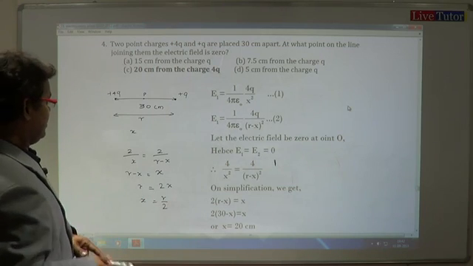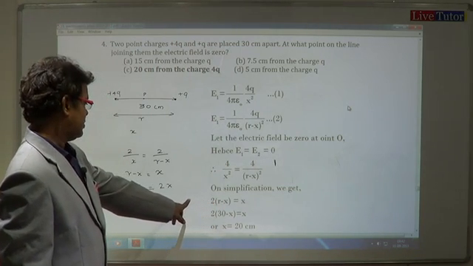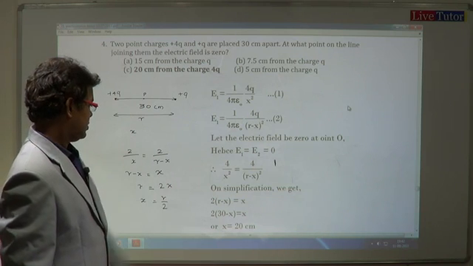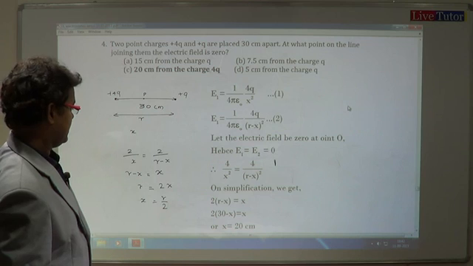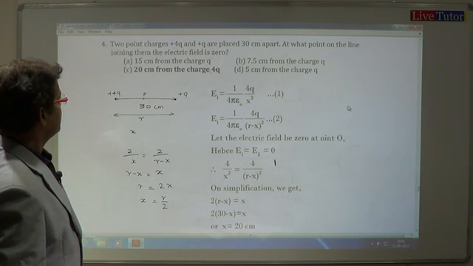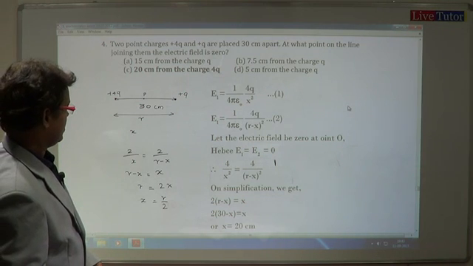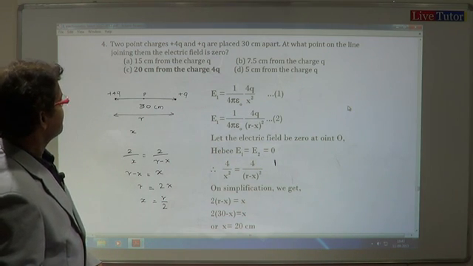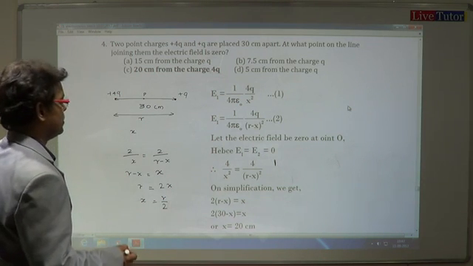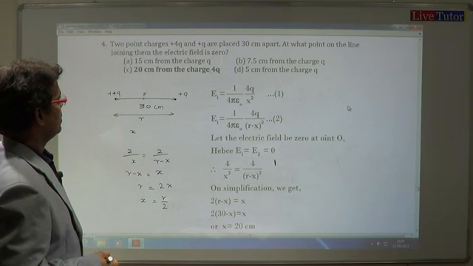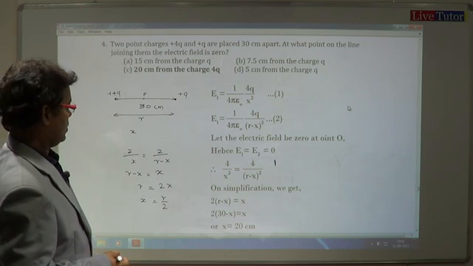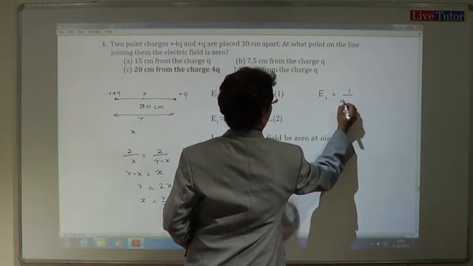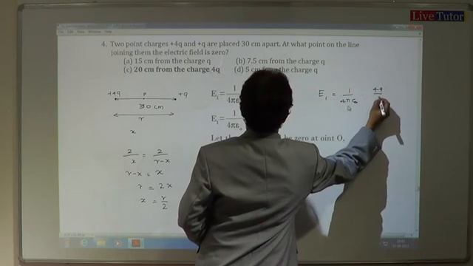What happened? See, in this equation, we have taken E1 is equal to 1 by 4 pi epsilon naught into 4q by x square.